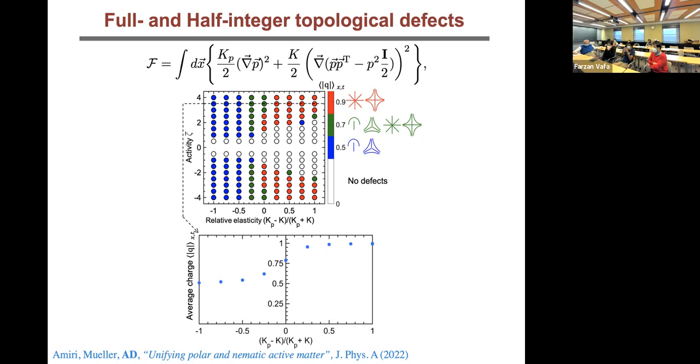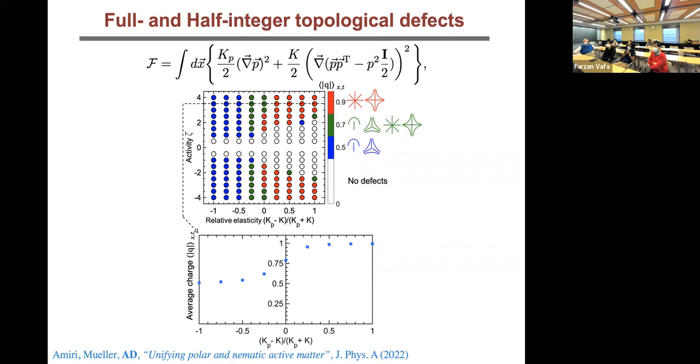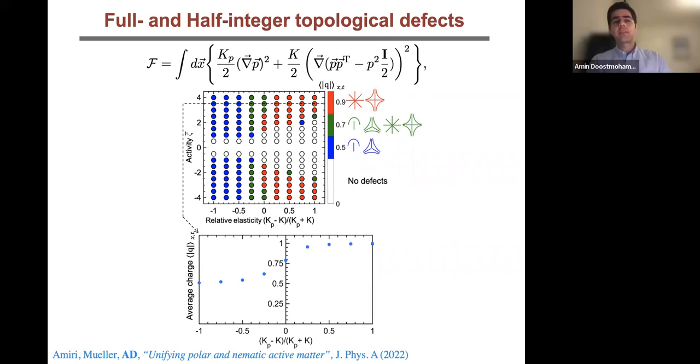That allows the +1 to fractionalize into 2 plus half. Yes, so the way I think about it is that if you look at the energy of the defects, you will see that the energy scales with the charge to the power 2. Which would mean if I don't have this term here, then 2 plus half have less energy than 1 plus 1.